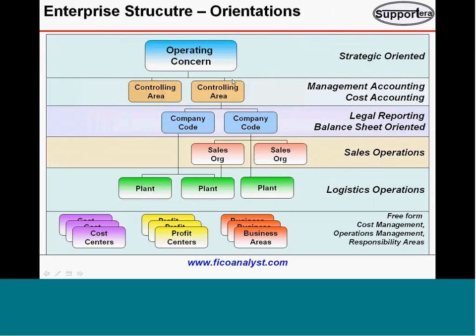For example, take a big organization like IBM. Ten years back they took a strategic decision to move away from manufacturing PCs. Why did they take that decision? Maybe they thought the PC business was no more profitable, and let us move to services.